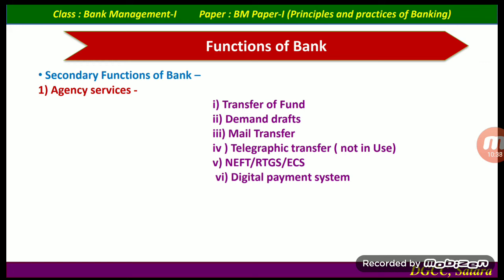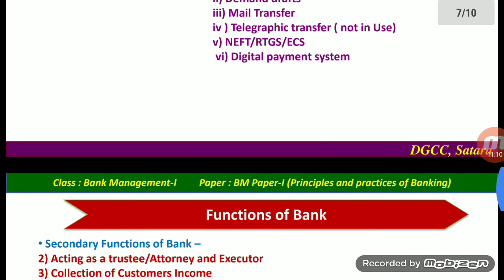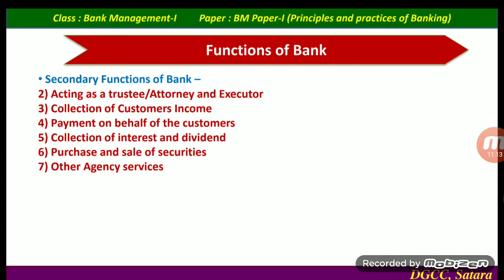Third is collection of customers' income. The modern bankers collect the income of their customer, which may come from different sources such as salary, pension, rent, money due on promissory note, coupon, etc. By providing these services, the bank earns some commission as well as goodwill of the customers, which ultimately promotes the business of the bank.